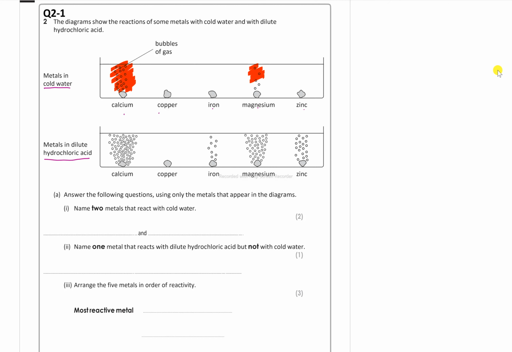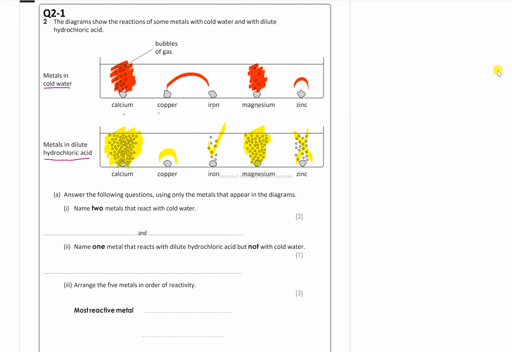This is the next most reactive, and we don't know about these three. When they go into acid, I'm expecting this to be the most reactive, this the next, this the next, and this the next, just judging by the number of bubbles. So this is unreactive.